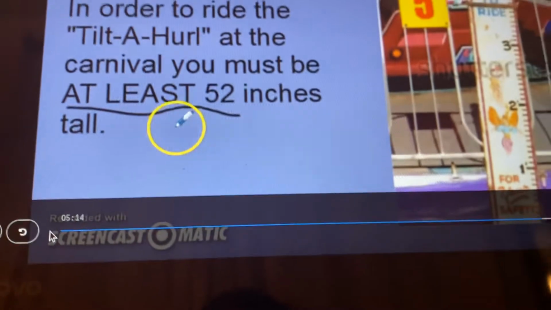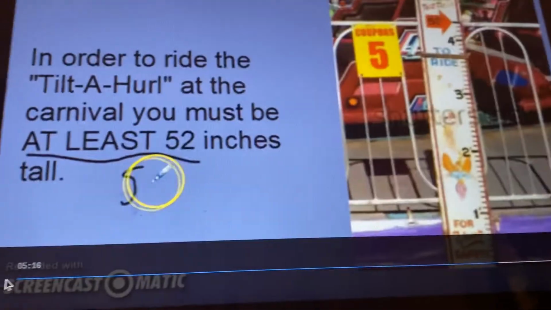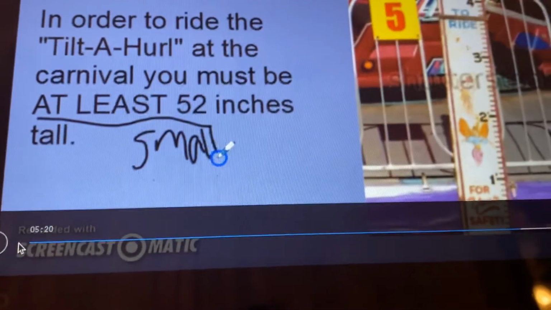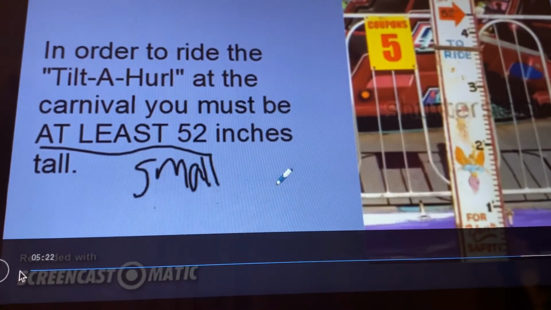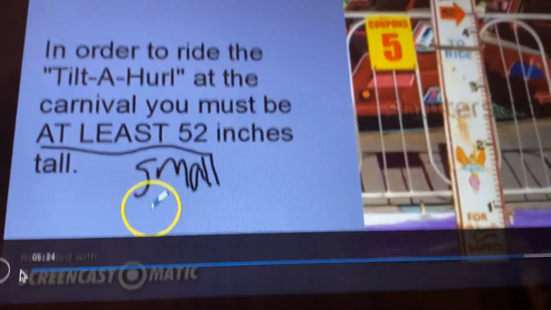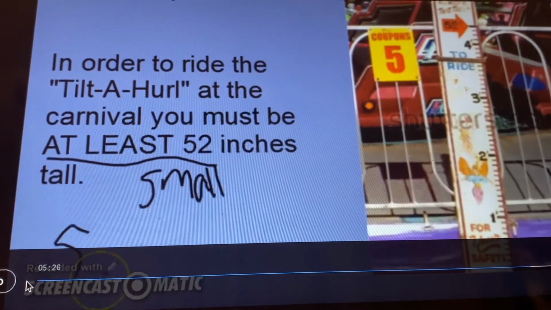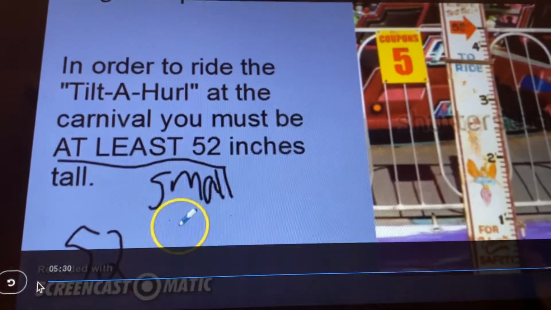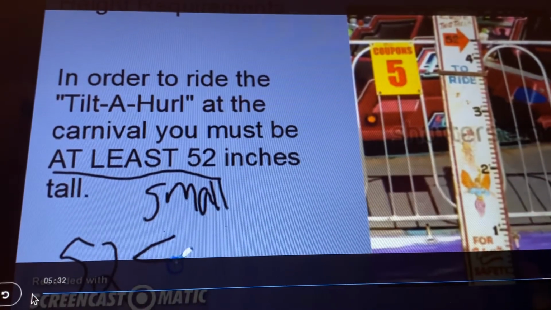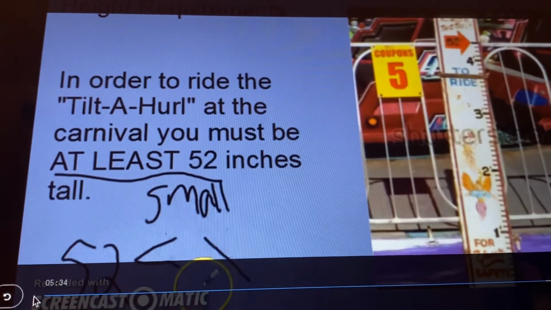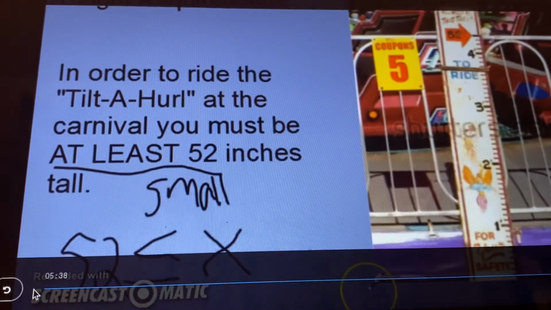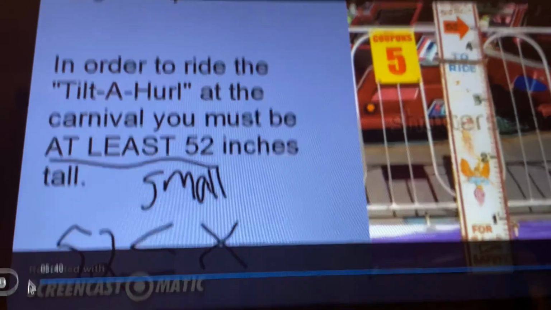So 52 inches is going to be my smaller number, because I couldn't be any smaller than 52, but I could be larger than 52. But since I can be at 52, that's going to make that inequality sign have the line underneath it.